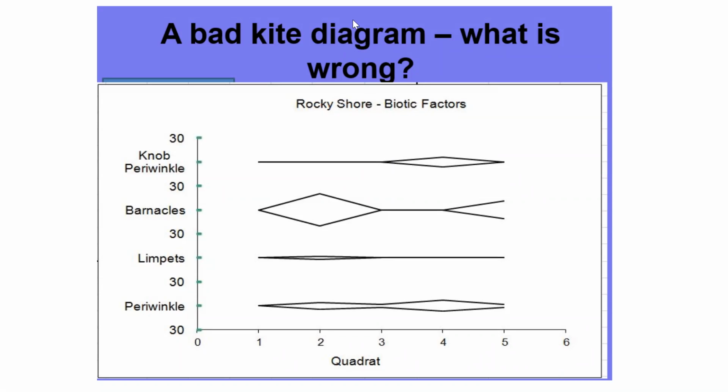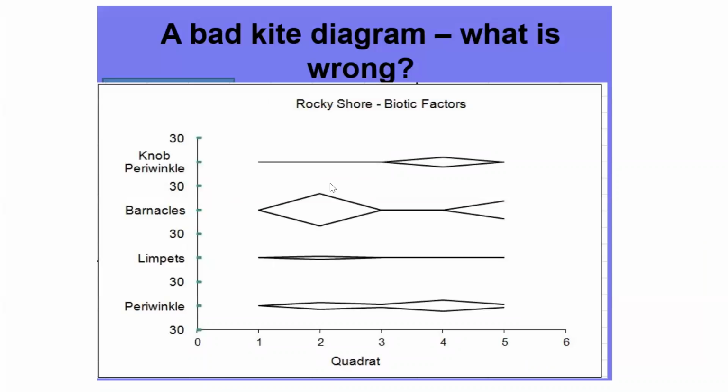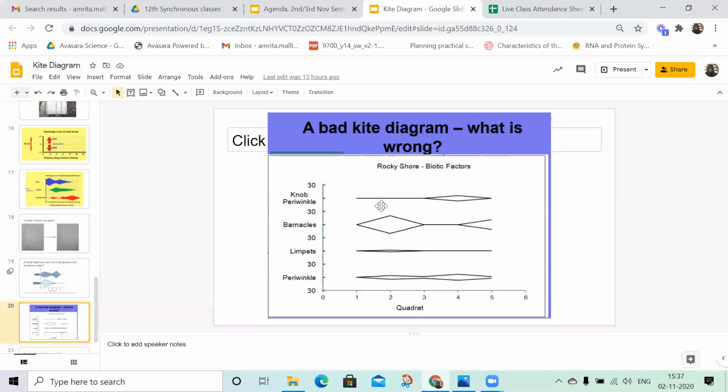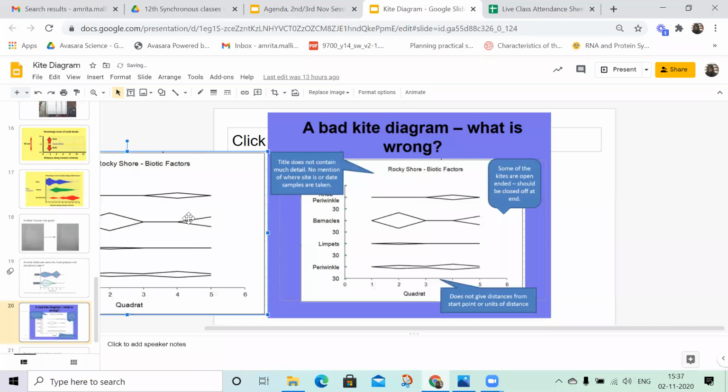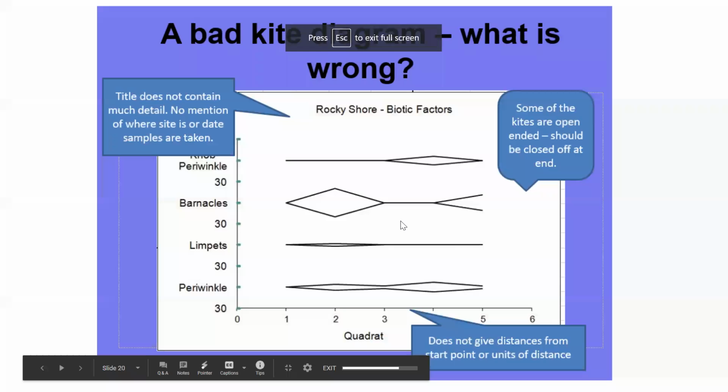Okay. Thank you for your responses. You have been responding very well. So I want to show you the answer to this. Don't know if it will be visible. Yes. So these are the mistakes.